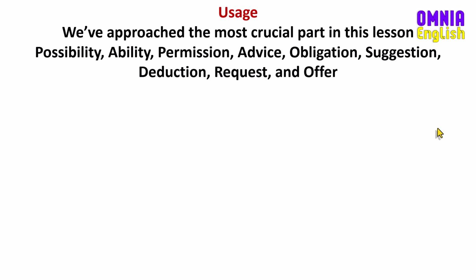Here we have 9 contexts: number 1, possibility; 2, ability; 3, permission; 4, advice; 5, obligation; 6, suggestion; 7, deduction; 8, request; and 9, offer. So here we have 9 contexts we use modals in.